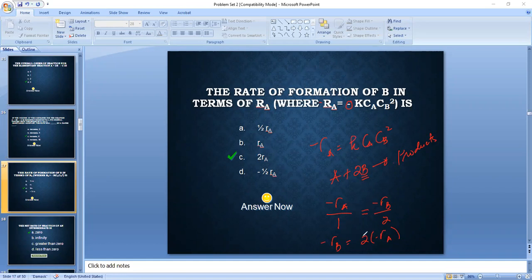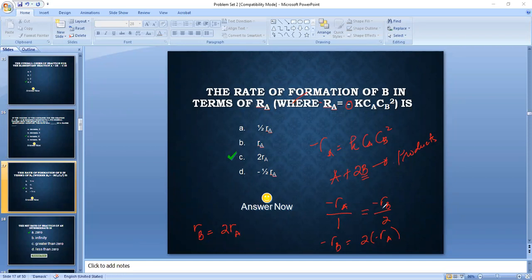If you multiply both sides by -1, that way your B will be written as a product, not as a reactant. Then the rate of formation of B will be the negative of this, so that would be now twice the rate of reaction of A. So you don't see a negative sign here anymore because it's asking for the formation of B. If it's asking for the rate of reaction of B, then it would be something like this.